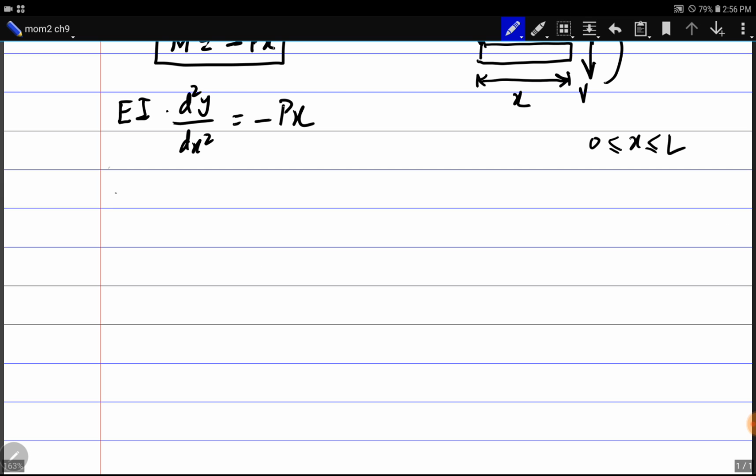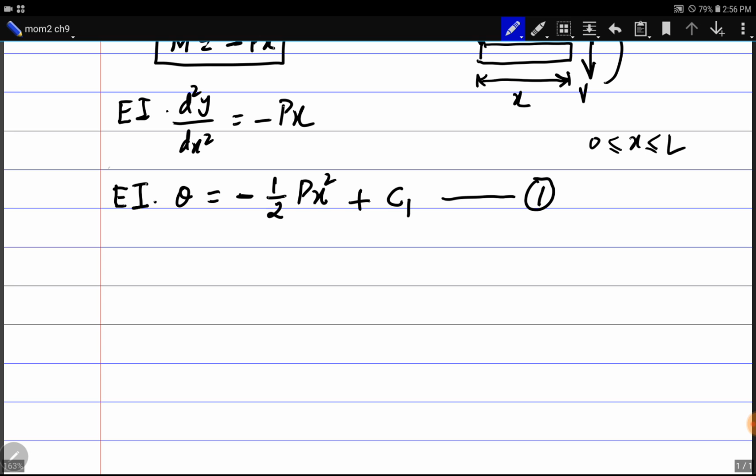By integrating it once, we can write EI theta equal to integral of minus Px. It will be minus 1 over 2 Px square plus there will be constant of integration c1. Let us call this expression as equation number 1.